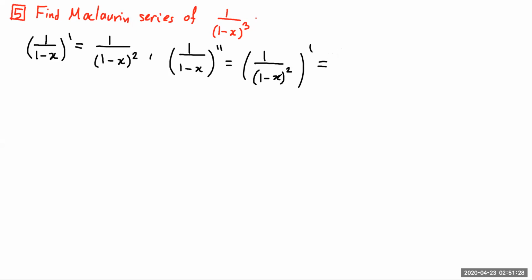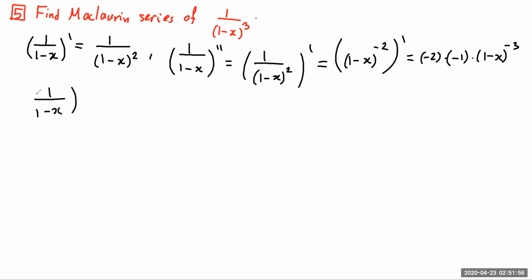If you calculate this term, I will take (1 minus x)^(-2) and differentiate. It will be minus 2, the power here, times the derivative of (1 minus x), which is minus 1, times (1 minus x)^(-3). So I have the answer of 1 over 1 minus x, two derivatives: it's 2 over (1 minus x)^3.